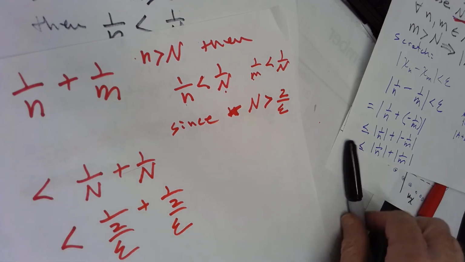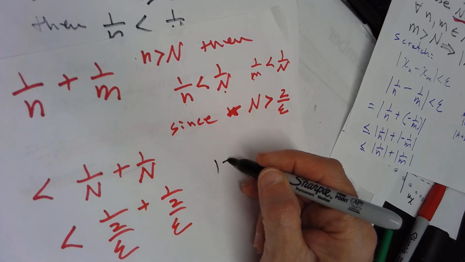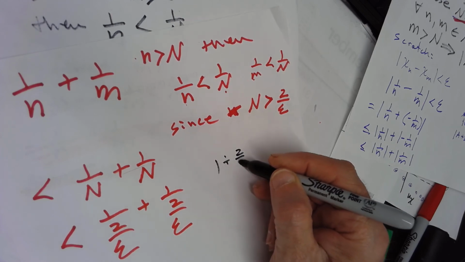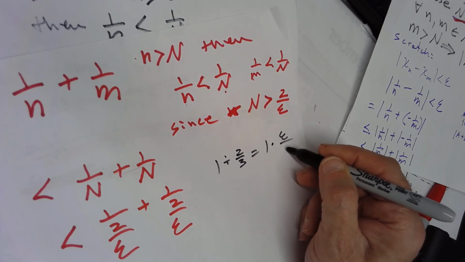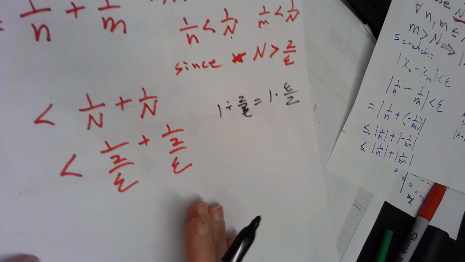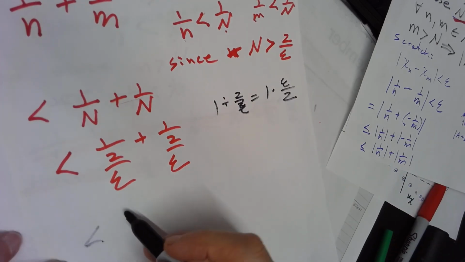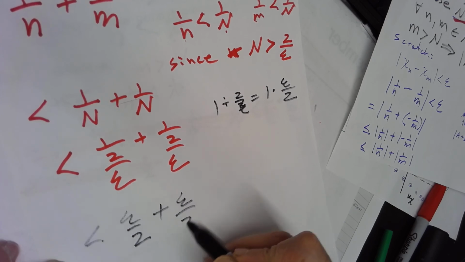And so if we're dividing fractions, right, 1 divided by 2 over epsilon, that would be the same thing as 1 times epsilon over 2. So all of this is going to be less than epsilon over 2 plus epsilon over 2.